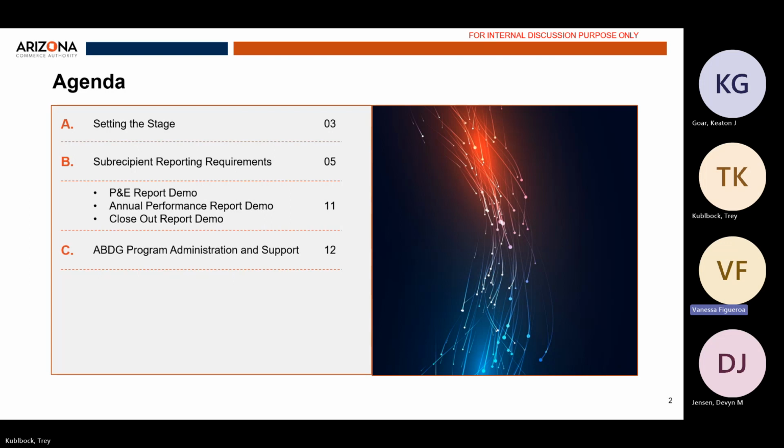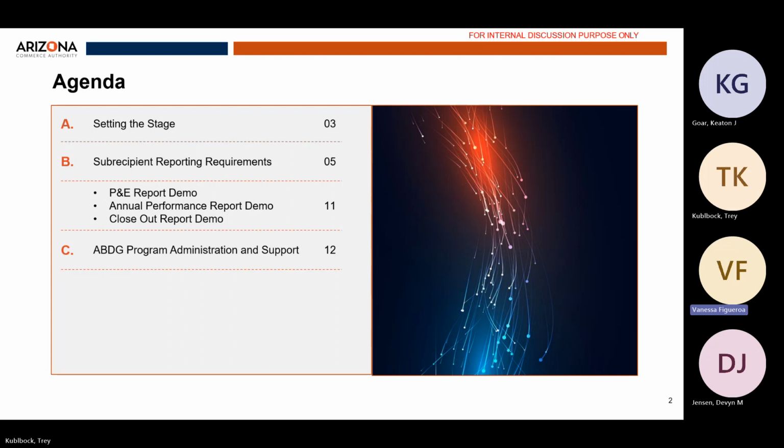Great. So thanks, guys. Our agenda today is pretty simple. We're going to be setting the stage for the reporting: why we're doing this reporting, and what our responsibilities are as subrecipients for reporting. B would be subrecipient reporting requirements.